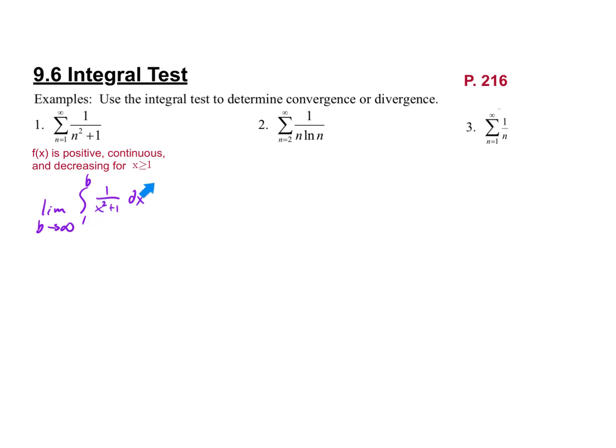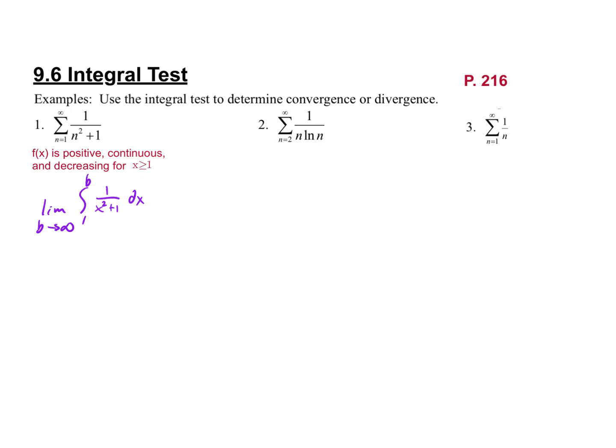If this limit exists, then we know this series converges. If this limit does not exist, then we know that this series diverges. Okay? So think about this. See if you remember one of your tricks to come up with the integration of this. Pause it if you want.